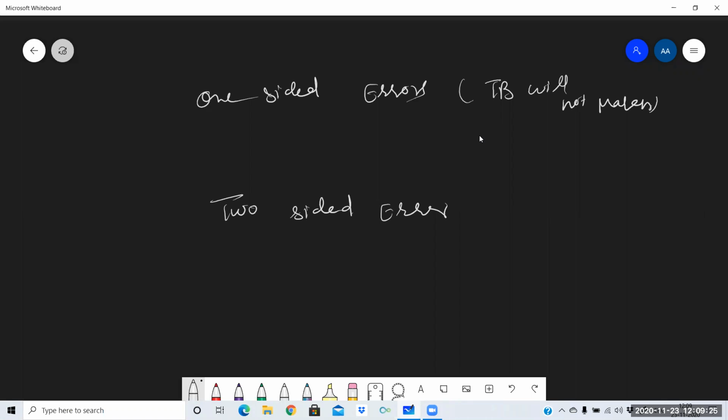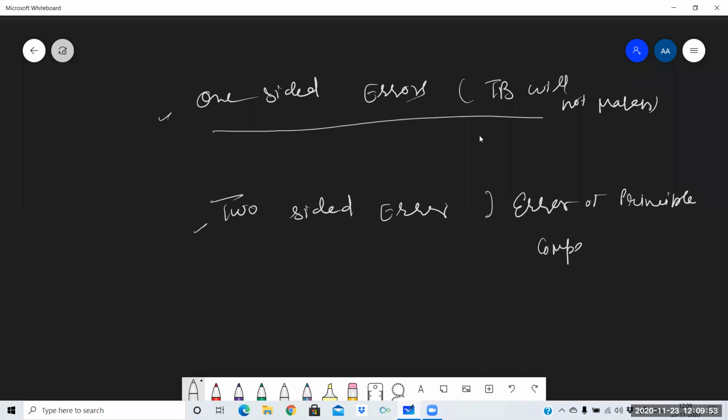So basically all those four type of errors are here classified in two types: one-sided. All those errors which will be affecting the trial balance are known as one-sided error, and the errors which will not be affecting the trial balance are the two-sided errors, like errors of principle, compensating errors, and errors of complete omission.